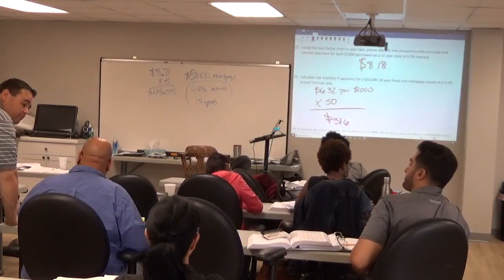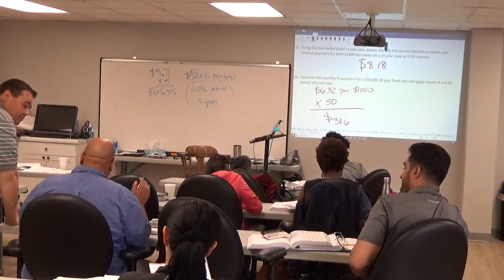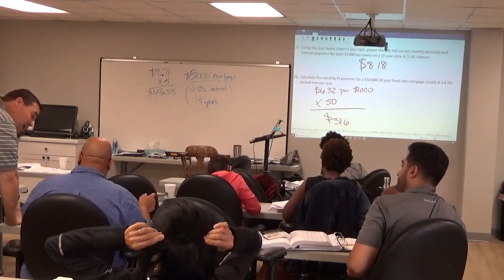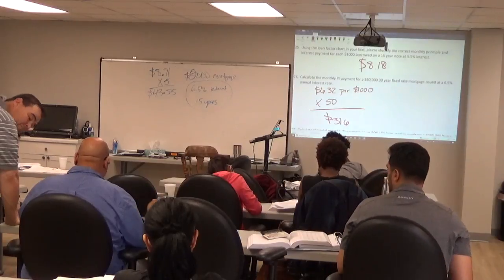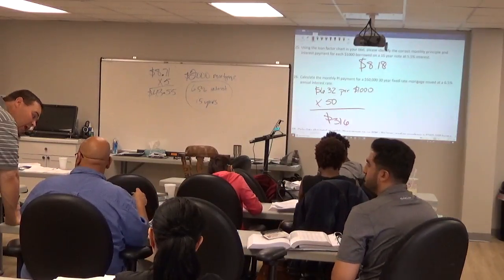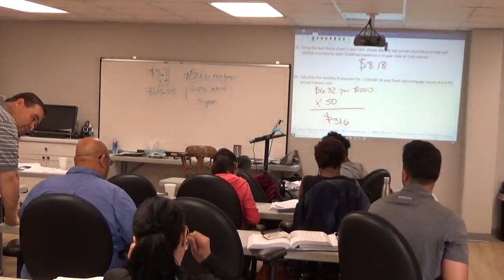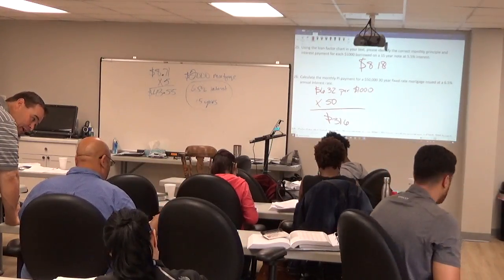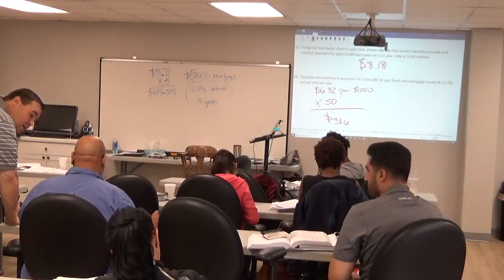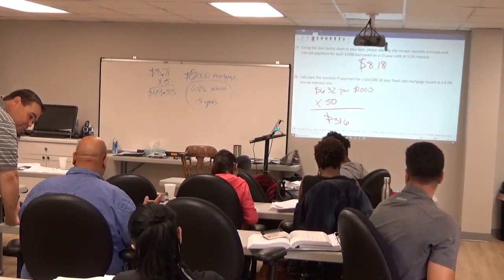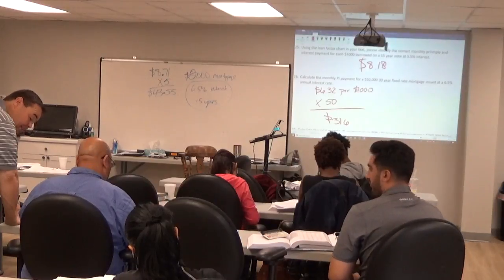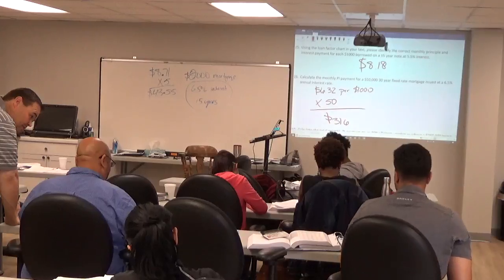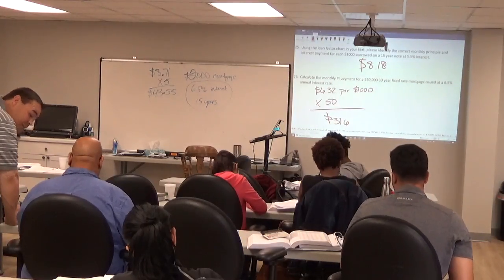What's the chart? That's payment, right? Per what? So how many thousands did you borrow? So just multiply those two numbers together and there's your monthly payment. Not 50,000. How many thousands? 50. There's your monthly payment. That's it.